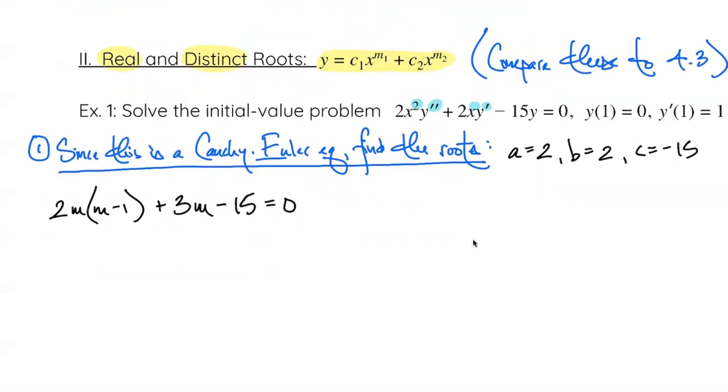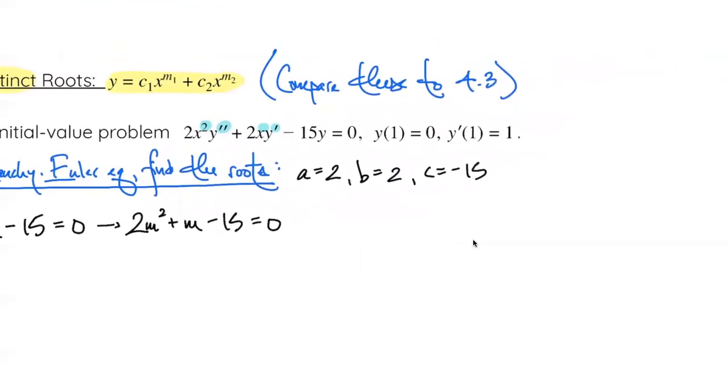We do a little bit of algebra. We get 2m squared minus 2m plus 3m, so that's going to give us plus m, minus 15 equals 0. I'm so glad I learned how to factor so well. We should get 2m times m, and I think a 5 and a 3 should work here.